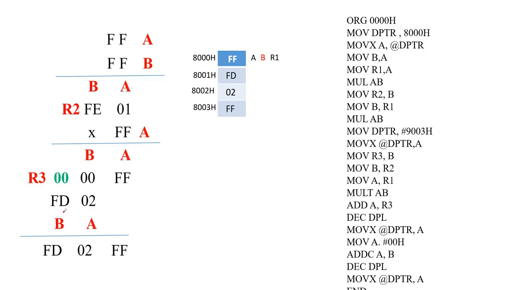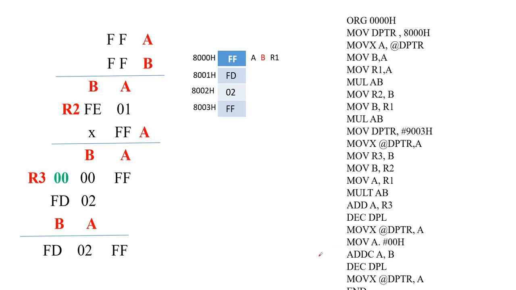So here we have to add FD with 00. We will get FD. Now the result of the addition of these two is stored in A, the accumulator, but it has to be stored at this memory location, that is 8001H.